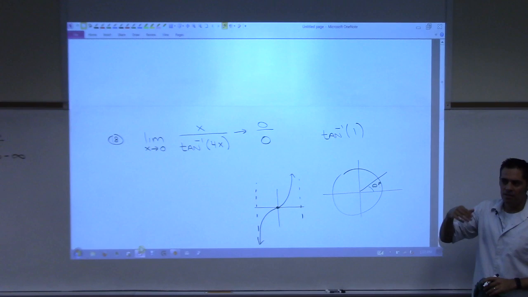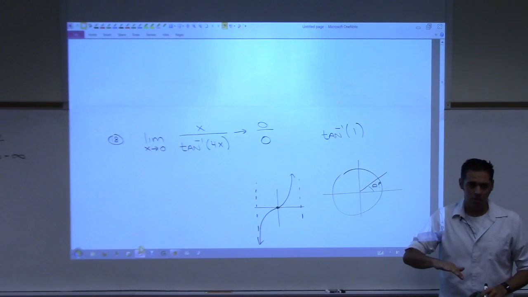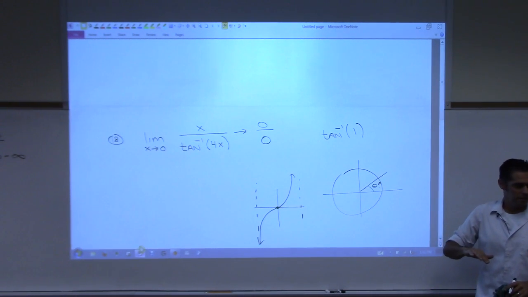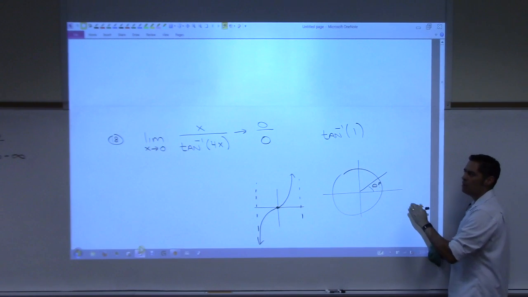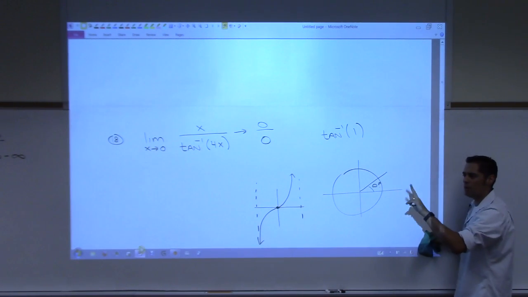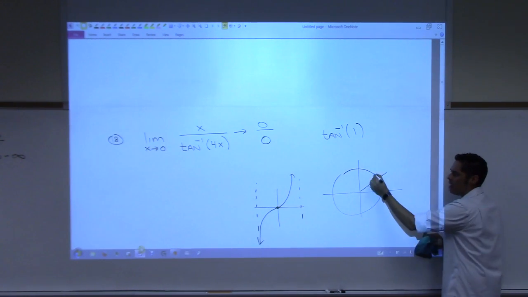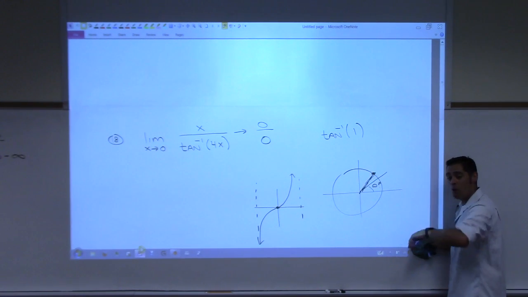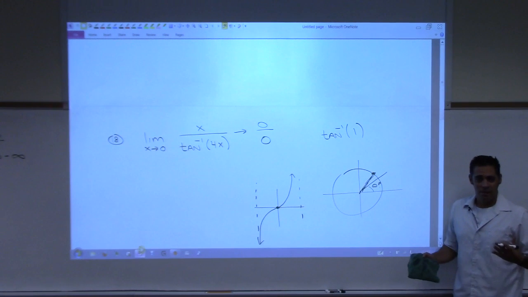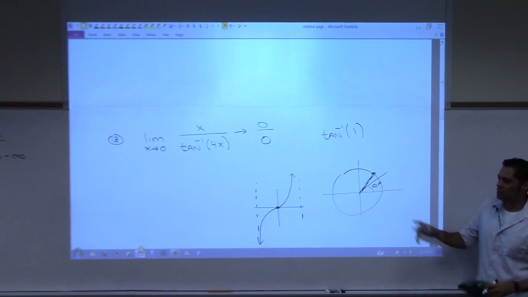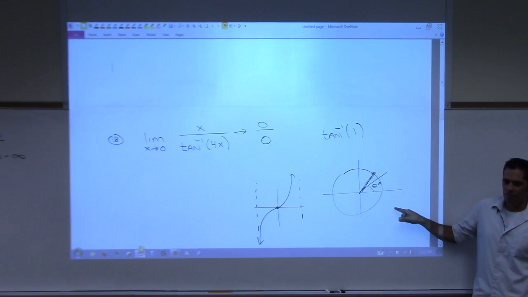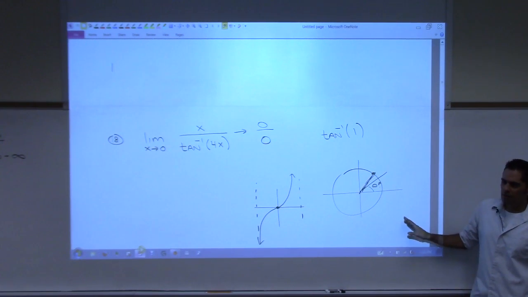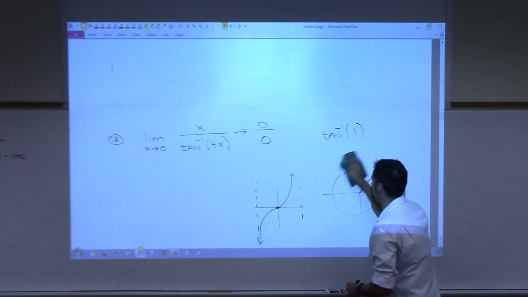Tangent by definition is the y coordinate divided by the x coordinate. Do you all remember that? The only way I'm going to get a 1 is if the y and the x coordinate are the same. And that happens at 45 degrees, which is pi over 4. If you did your homework from last section, the first 8 problems or so were all about this. So we need it here today.